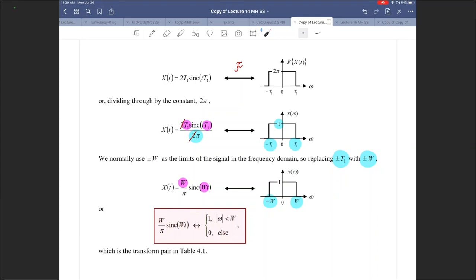Also appears in your Fourier transform properties tables that I uploaded on Piazza. W divided by pi sinc WT, the Fourier transform of that is 1 between frequencies plus and minus W, 0 otherwise. So we will use this later on.